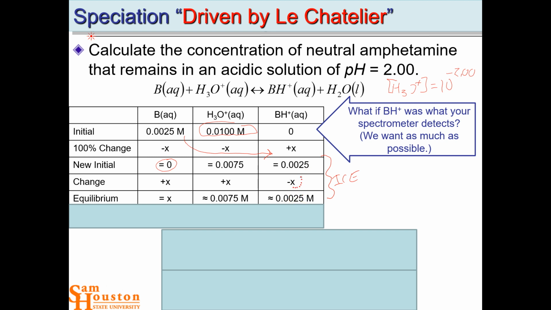That is going to be a tiny, tiny x, because we have so much acid on the reactant side. And 0.0075 is not going to gain much acid back, because it's not going to swing back to the left very much at all. But 0, anything added to 0 is significant. So we have to keep x there. But in our final formula, then, we're just going to have 1x, no quadratic formula.